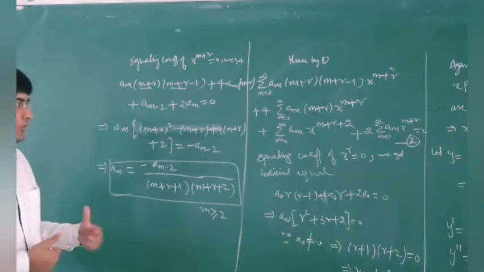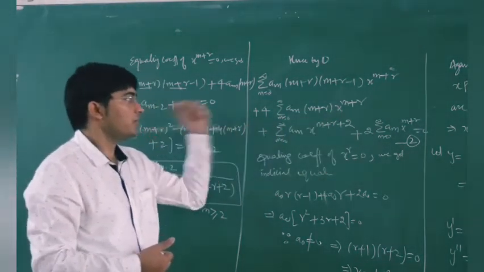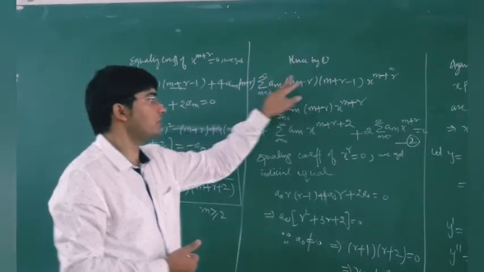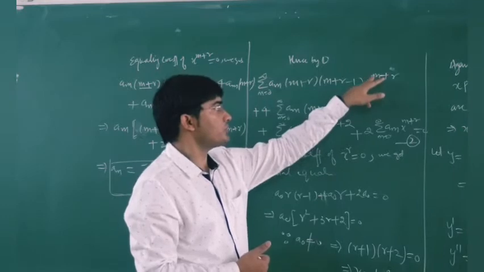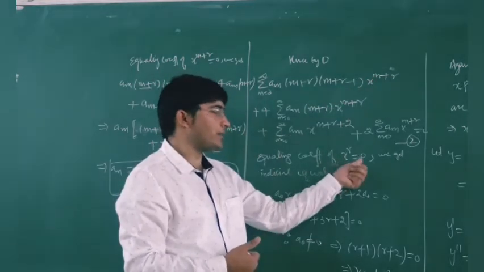So to get the value of a1, let us equate the coefficient of, because we need the value of a1. So for a1 we will put m equal to 1 here. So let us equate the coefficient of x power 1 plus r equal to 0, as we have put x power r equal to 0.